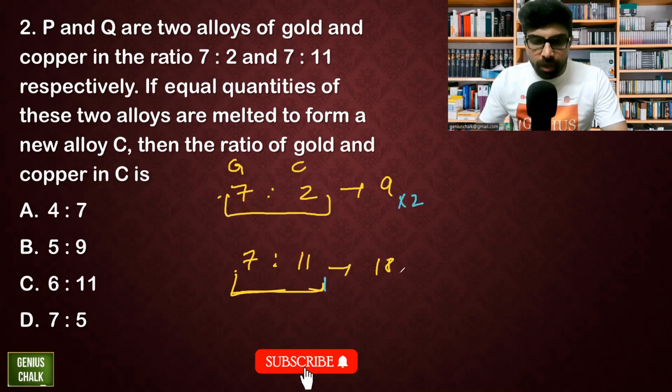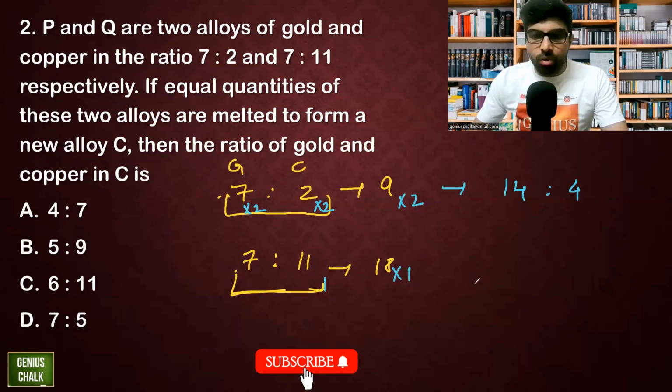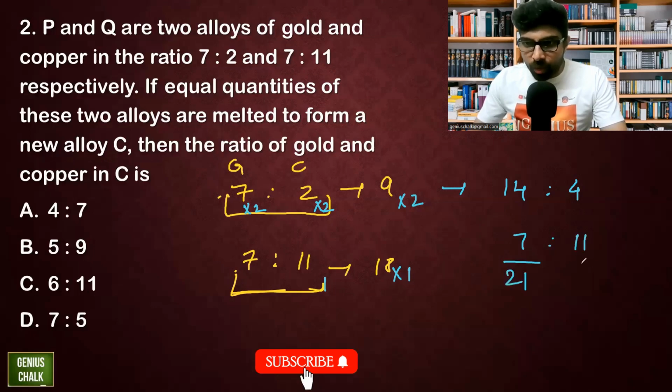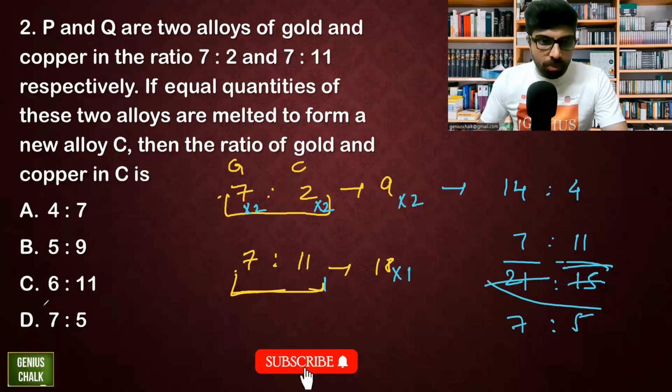If I multiply this by 2 and this by 1, that means both parts of the first multiply by 2. That is 7 2s are 14, 2 2s are 4, 7 1s are 7, and 11 1s are 11. If you add 14 plus 7, that will be 21, and 11 plus 4, that is 15. That is the ratio, 21:15, which is 7:5. That means option D, 7:5, has to be our answer.